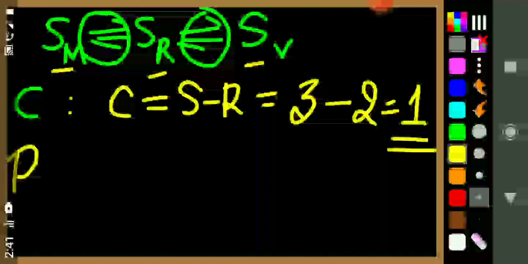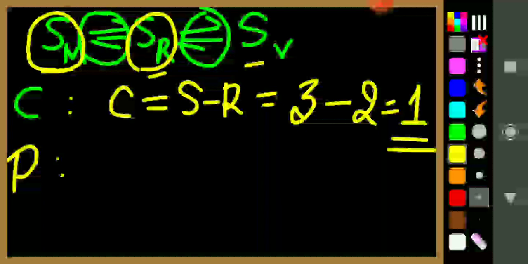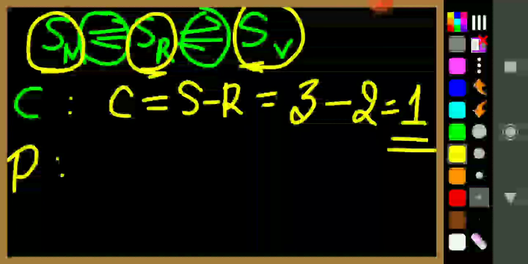Now coming to the phases. So these are solids, and this is vapor. If there are solids, number of phases is equal to number of solids, right? Number of solids will be 2 and one more vapor is there, so total there will be 3 phases.